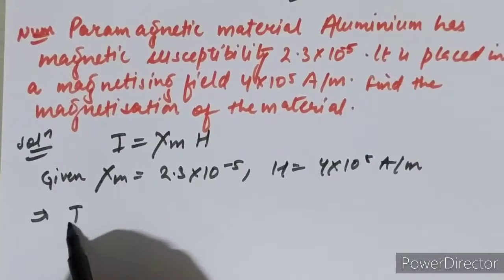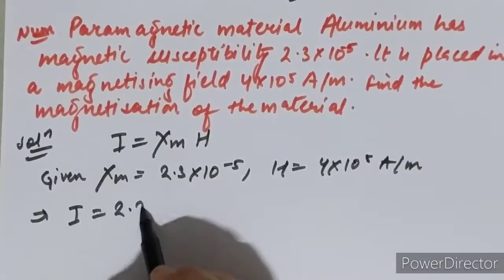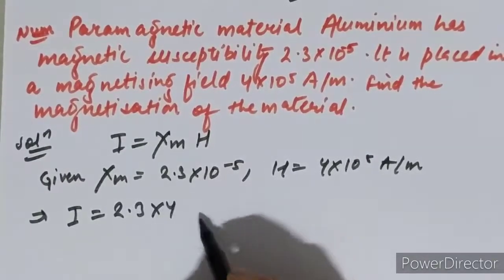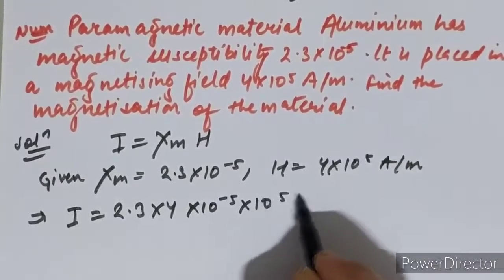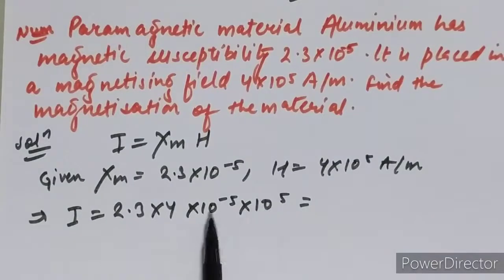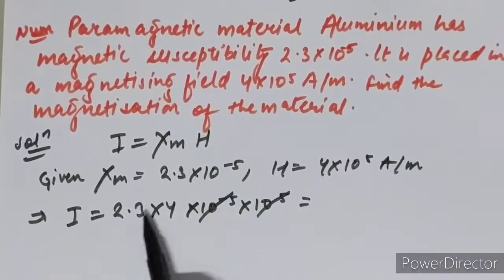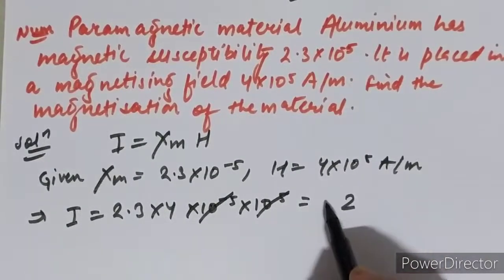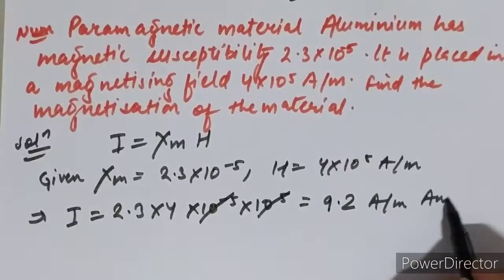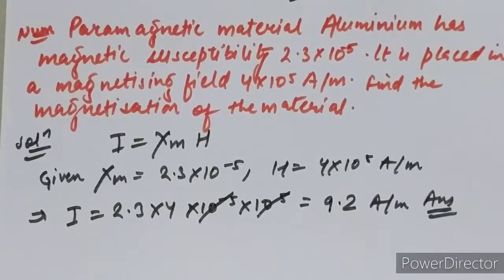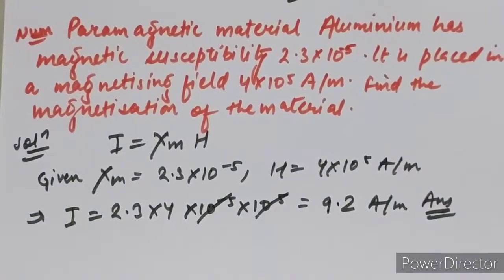Then we calculate the value of I: 2.3 into 4, and 10 to the power minus 5 and 10 to the power plus 5 cancel out. So 4 3s are 12, 4 2s are 8, 1, 9, so 9.2 ampere per meter. This one is your answer. Simple as that, nothing more typical. Clear?